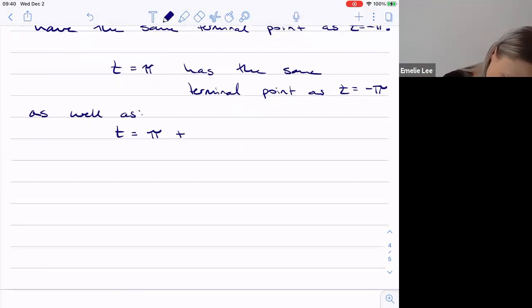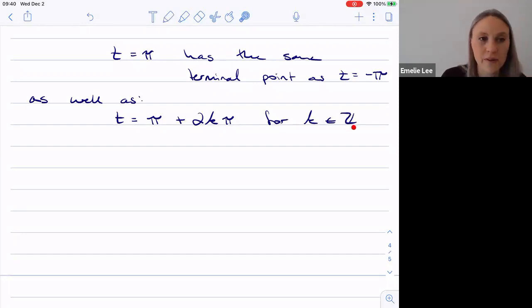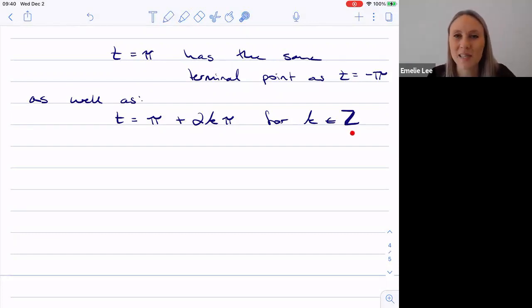So how we write that is pi plus 2k pi for k in the set of integers. So remember the set of integers, it's kind of a fancy Z with a bold back. This is the set of counting numbers, 0, 1, 2, 3, 4, 5, 6, all the way to infinity, but we're doing whole numbers.